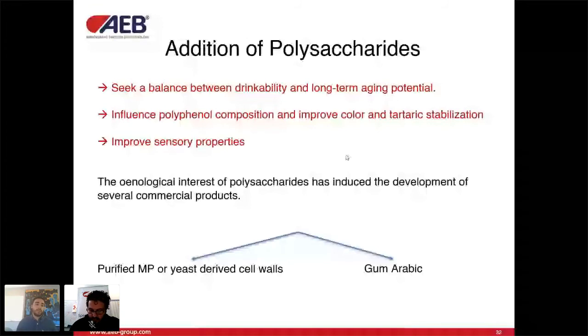And in wine, two types of polysaccharide are allowed. The first ones are derived from yeast, that are usually yeast mannoprotein and yeast-derived products, and the other comes from a plant that is the acacia, and the product from the acacia is gum arabic.